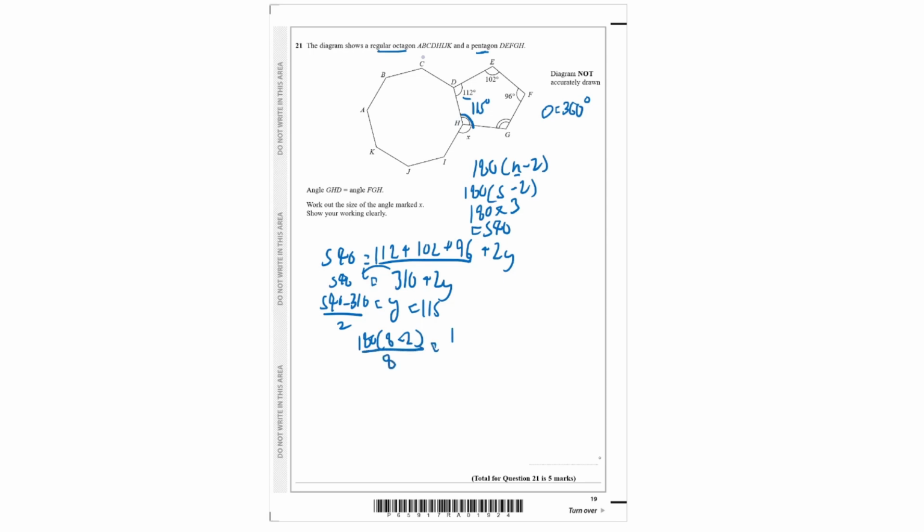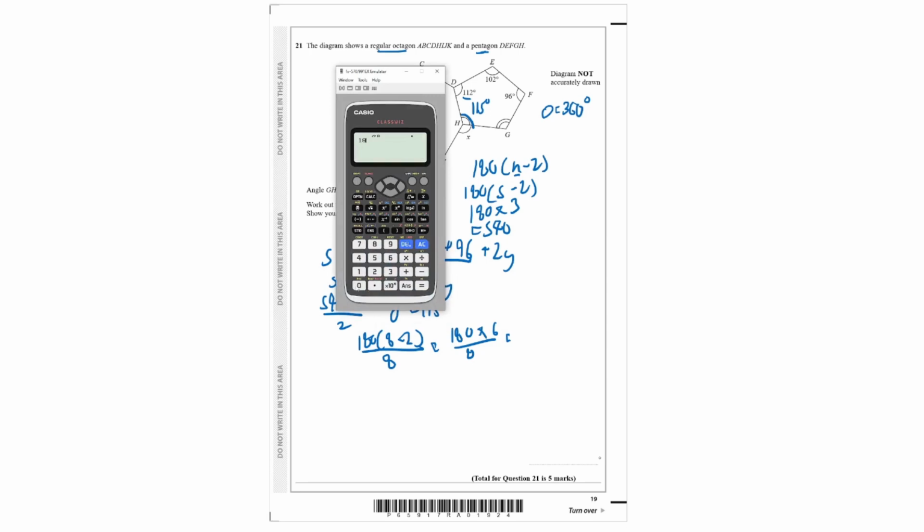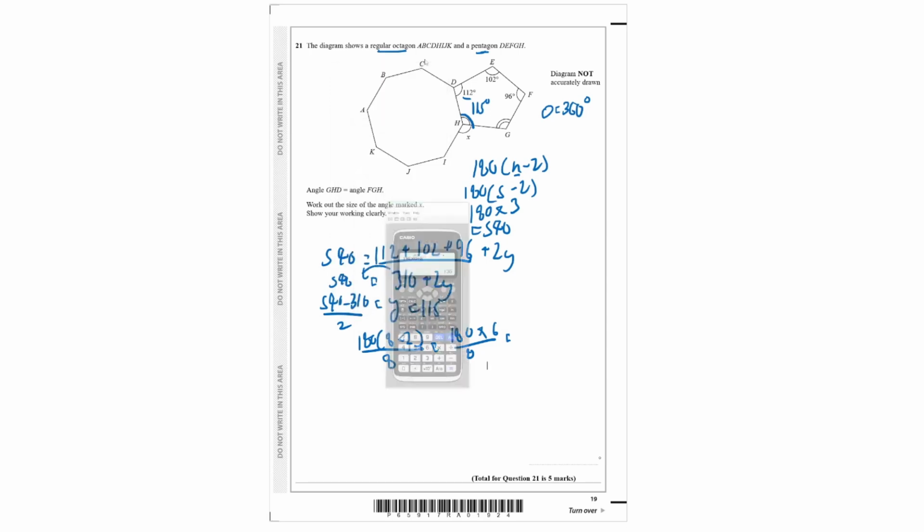So that gives us 180 times 6 divided by 8. We can find this using our calculator. 180 times 6 divided by 8 gives us 135. And since each angle here is equal, that means that this is 135.